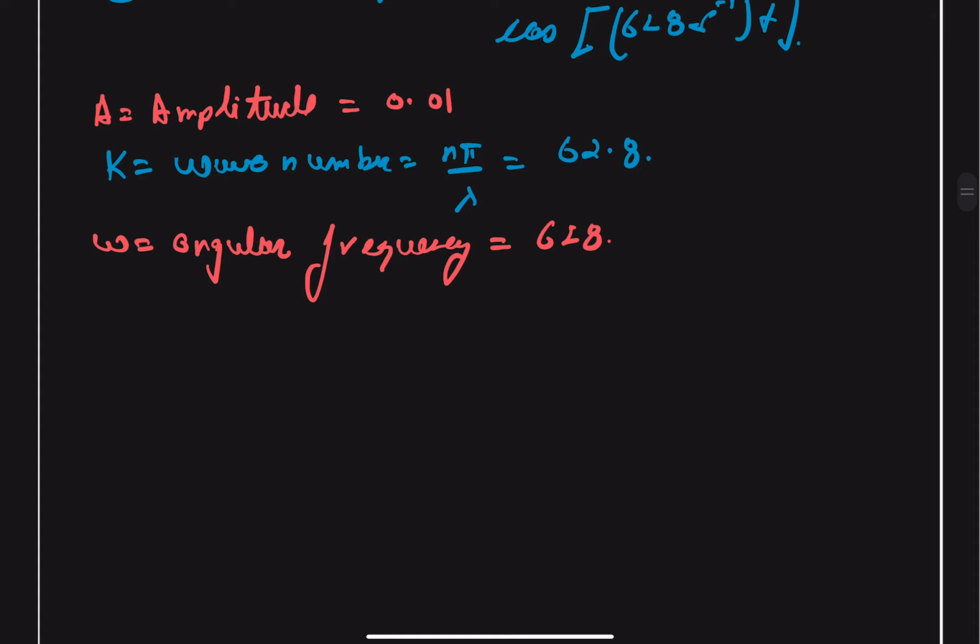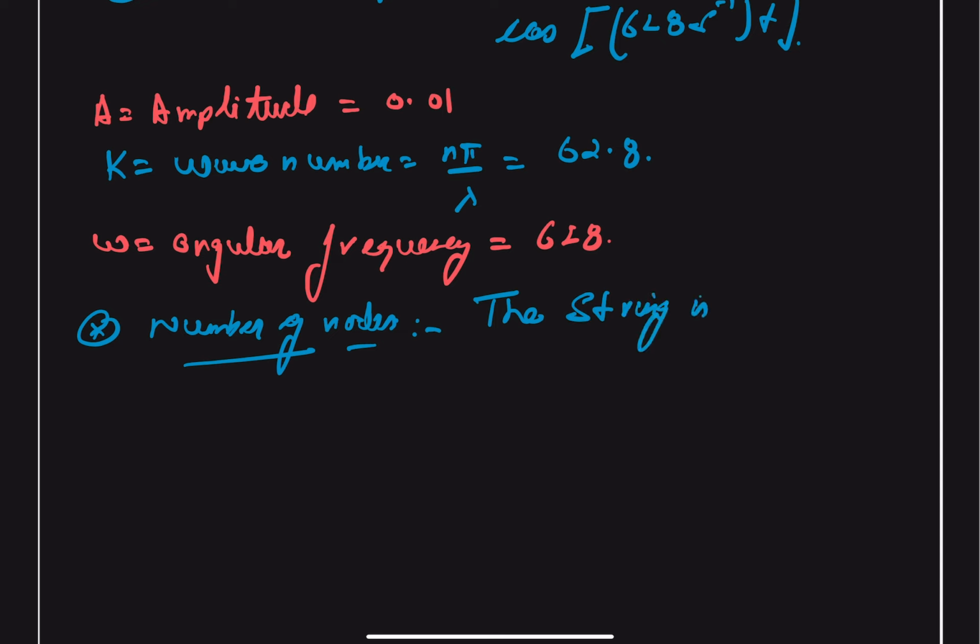So in the first part, the A part, we are supposed to find out the number of nodes. In the question, it is mentioned that the string is vibrating in the fifth harmonic.